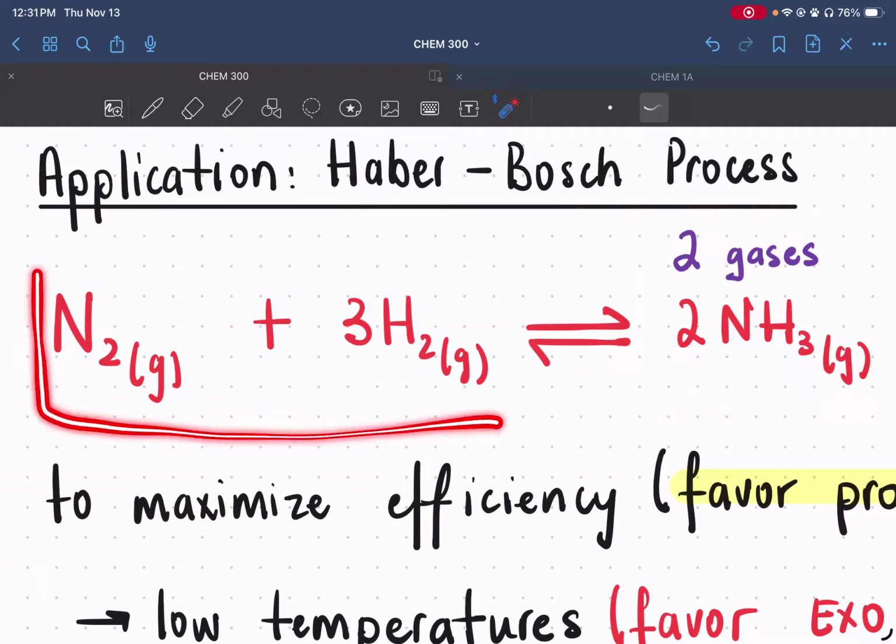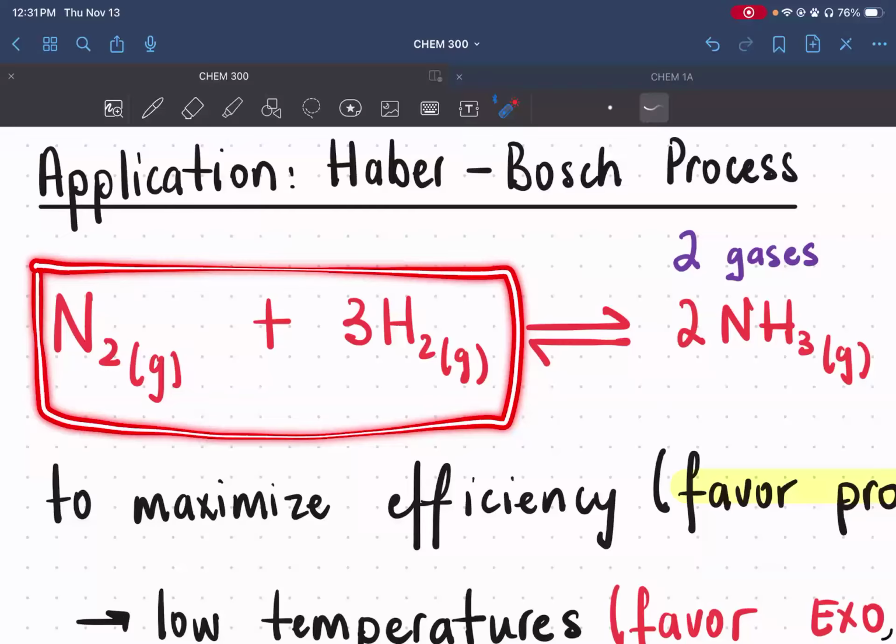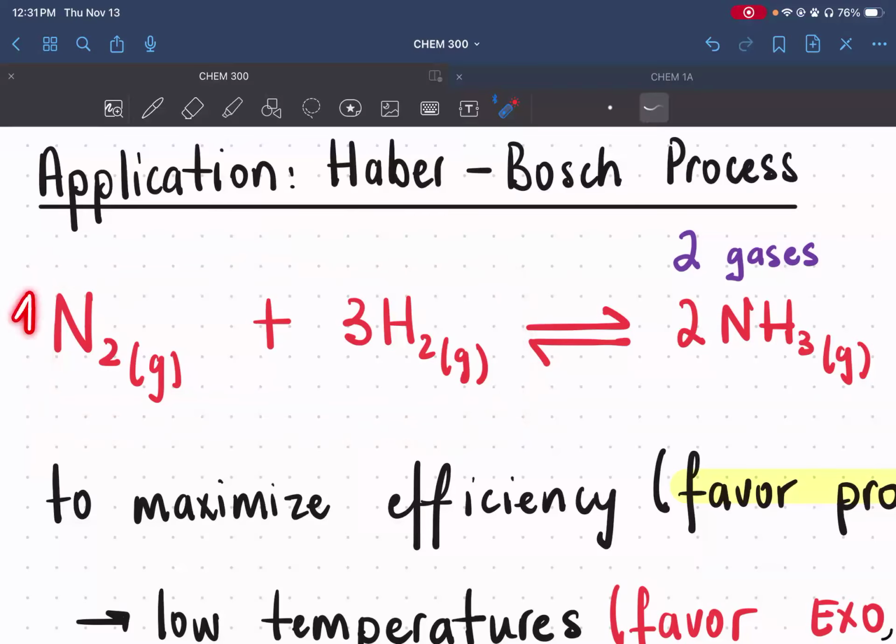On the reactant side, I see I have 1 N2 and 3 hydrogens. So how many gases in total do I have on the left? 4. Where did that 4 come from? I have 3 hydrogens as well as the 1 nitrogen. I have 4 gases on the left.